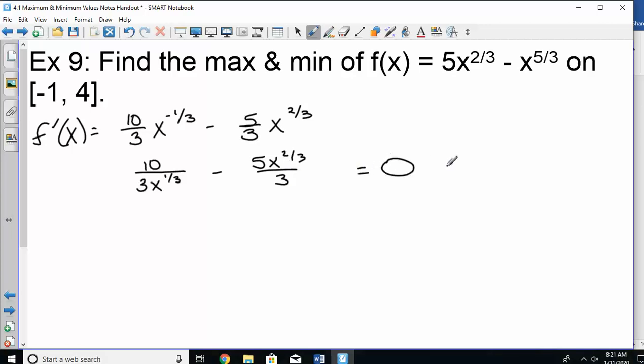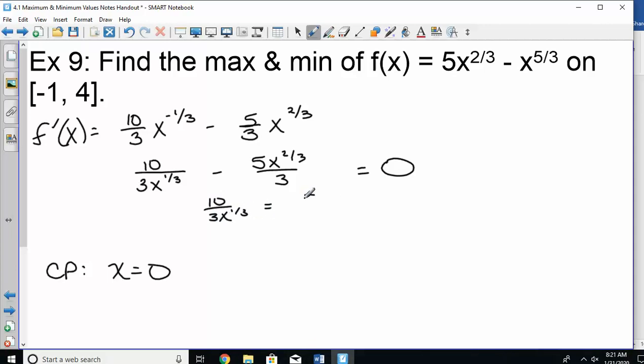And we're trying to figure out when this is 0. First of all, is there anywhere this is going to be undefined? Yes. Where? 0. Because x is in the denominator, we know the denominator can't equal 0. So we know right now x equals 0 is a critical point because it's undefined. Let's figure out when this equals 0.